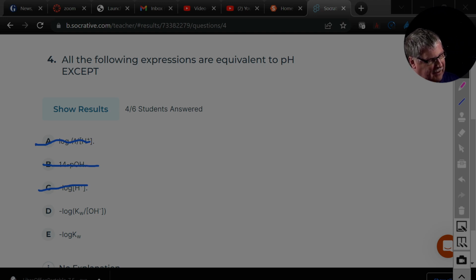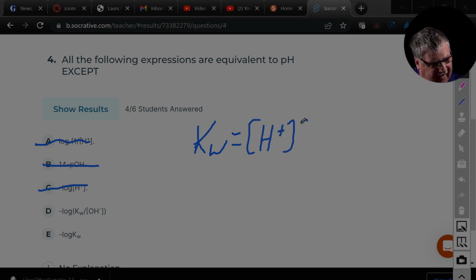So that eliminates three possibilities. What about negative log of Kw divided by the hydroxide ion concentration? Remember that Kw is the product of the hydrogen ion concentration and the hydroxide ion concentration in any aqueous solution. So does that work? Yes, it does.